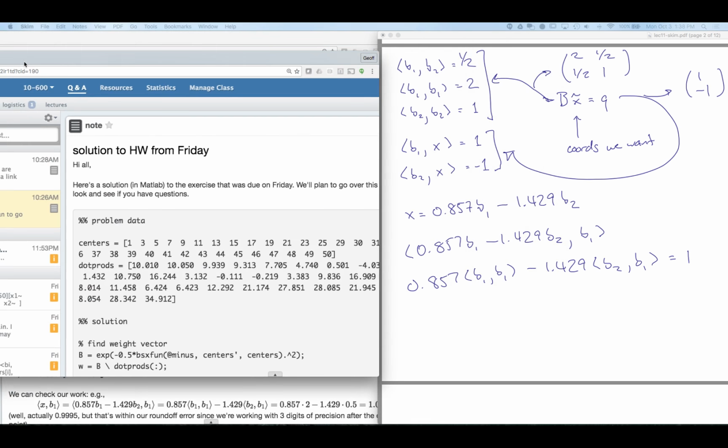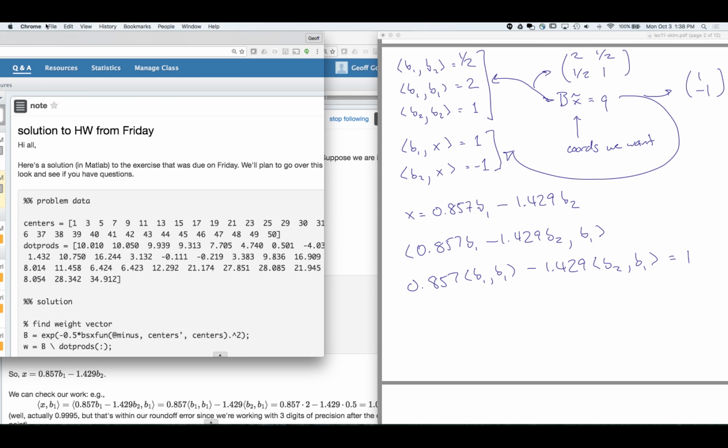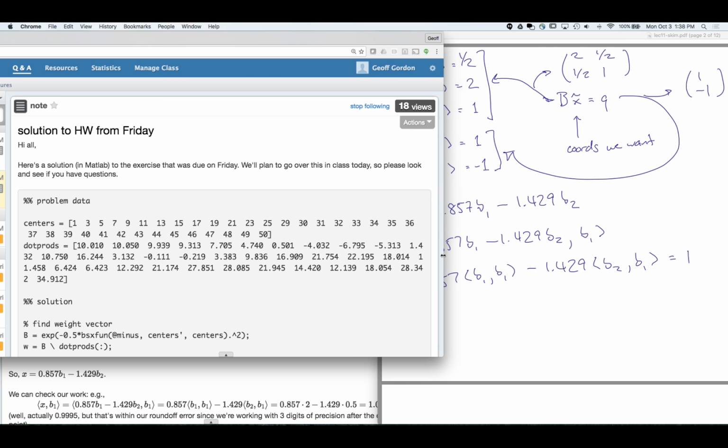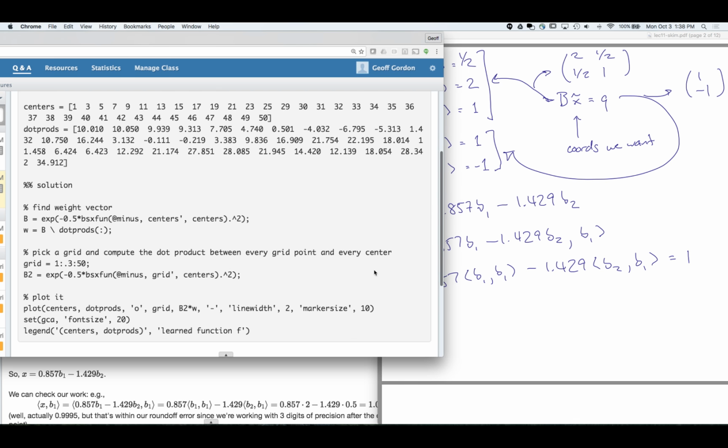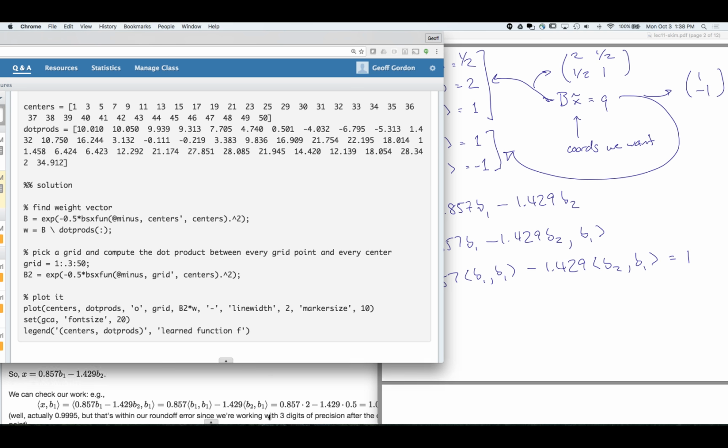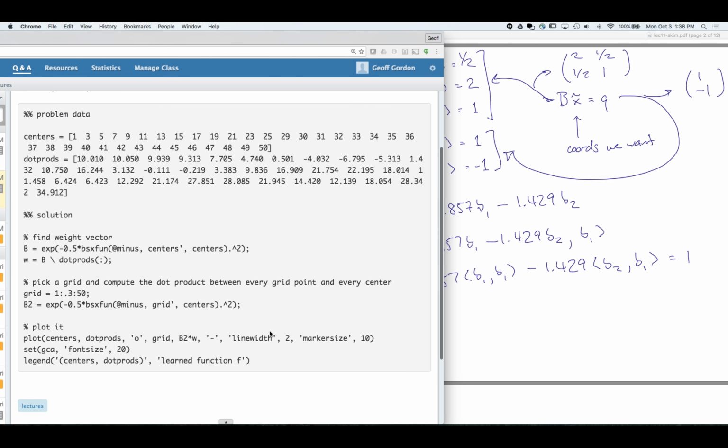Right, so here's the code. Let's do this and scroll so that we can see all of it. Right, so this part here, this is just the problem data that's copy-pasted from the assignment.